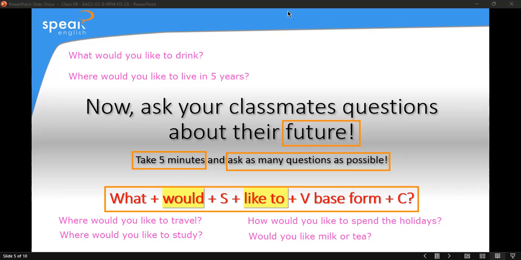Okay, great. So I'm going to open the rooms right now. I will send you the examples there so you can start working on creating some questions. You are going to be in the room only for 5 minutes, okay? After 5 minutes, we come back because we're going to practice how to tell information that you talk about, okay?